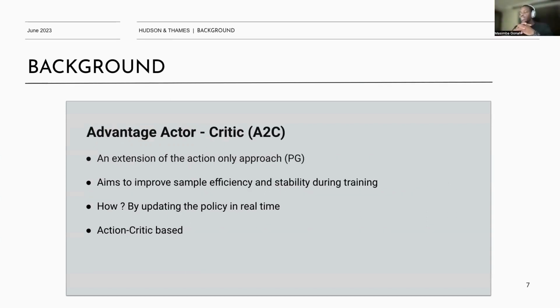Then we look at advantage actor critic, which is a model that I think Michael spoke about last week in the FinRL talk. Now, A2C is a reinforcement learning algorithm, not deep. If you were to take it to deep, then that would be A3C. But at its core, A2C is an actor-critic based algorithm. So it tries to combine the properties of trial and error from Q learning algorithms with the policy gradient function algorithms.